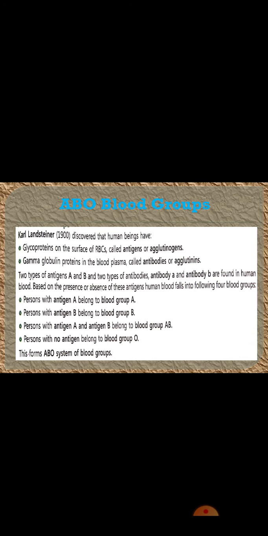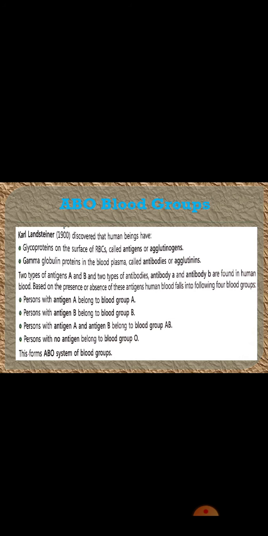He discovered that glycoproteins on the surface of RBCs are called antigens or agglutinogens. Gamma globulin proteins in the blood plasma are called antibodies or agglutinins. So there are two types of antigens, A and B, and two types of antibodies, antibody A and antibody B, found in humans.